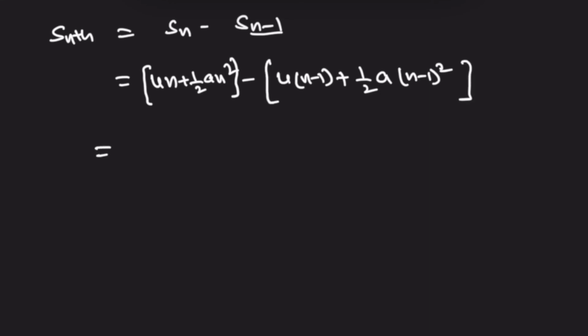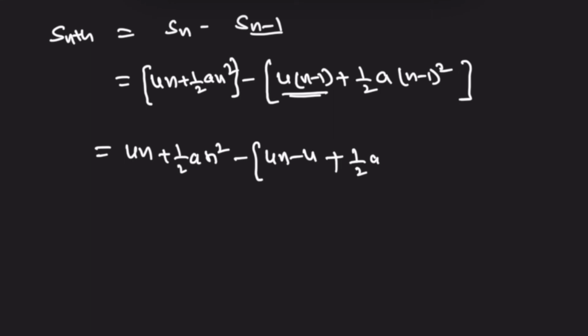Now I expand the terms. First un plus half an square, minus, multiply with un minus 1, then we get un minus u plus half a n minus 1 whole square. So what is that? a minus b whole square is a square minus 2ab plus b square, so n square minus 2n plus 1.